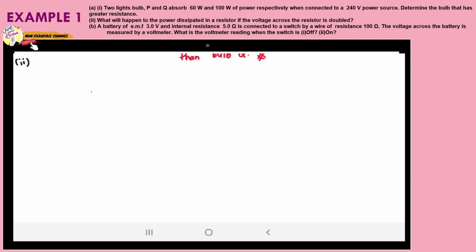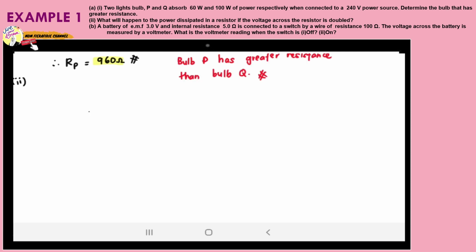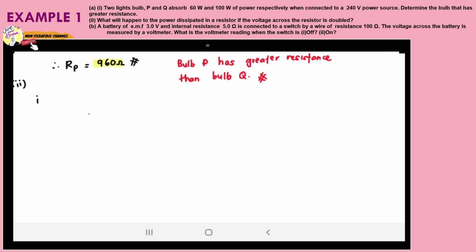For the second part, what will happen to the power dissipated in a resistor if the voltage across the resistor is doubled? Before we double the voltage, I'm going to write the initial condition. Initial condition means that P is equal to V squared over R, before we double the voltage.